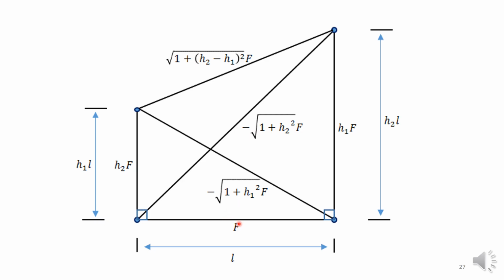You have F at the bottom, H2F here, H1F here. This multiple of F and these multiples of F on the diagonals. Again, on the diagonals you have negative values. On the outside you have the same sign, but on the diagonals the sign is reversed. So if you have compression on the outside, you'll have tension on the inside, and vice versa.